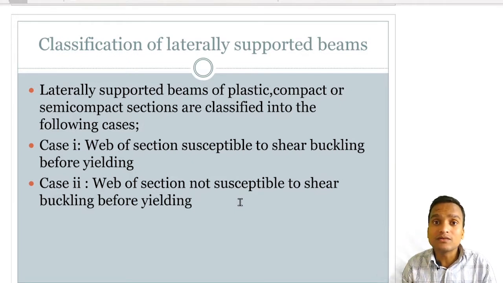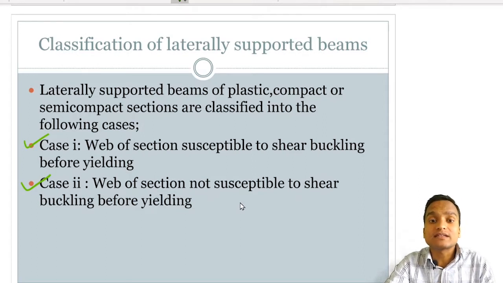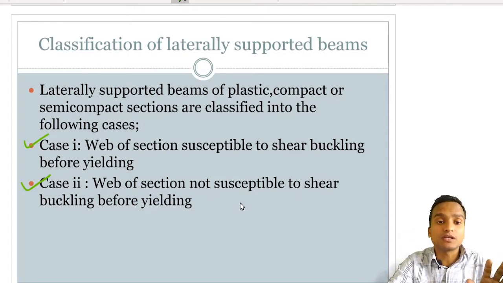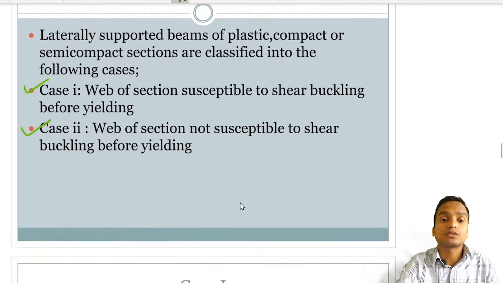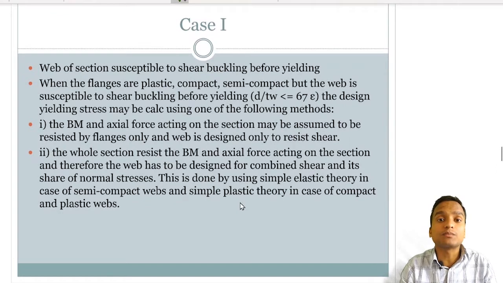The web is the vertical portion of the I-beam which is exerted by the shear forces, so the webs can also fail under shear buckling. Case one is that the web of the section is susceptible to shear buckling before even reaching the yield stress, and case two is that the web of the section is not susceptible to shear buckling before yielding.